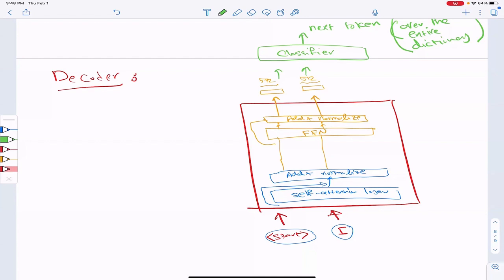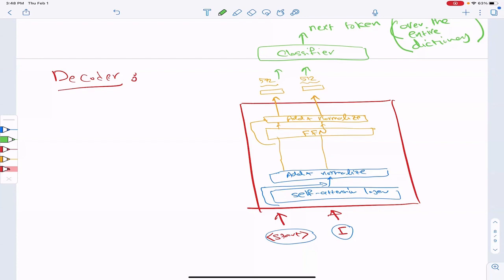Context of what? There is no context of encoder. So what am I decoding from? So where did these two words come from, start and I, and what should I predict for my next word? If I'm just generating a sentence, the next token can be anything. I ate ice cream.